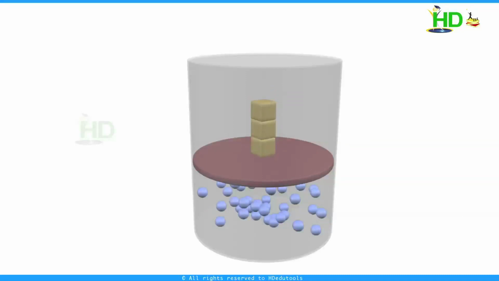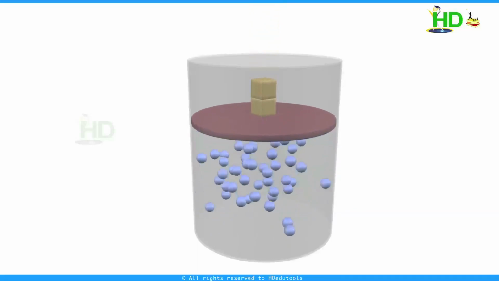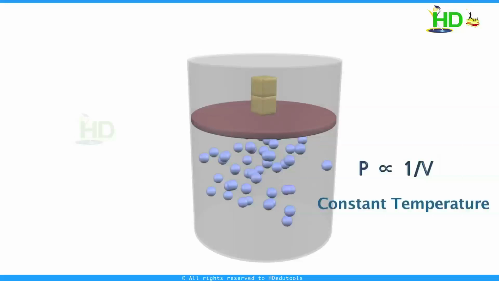With increasing pressure, what happens to volume of the gas? Yes, it decreases. If you decrease the pressure applied, the volume of gas increases. Then what relation can you give between pressure and volume? Yes, pressure is inversely proportional to volume. This is nothing but Boyle's law, and this is applicable only at constant temperature.